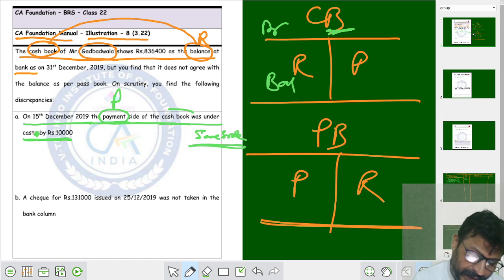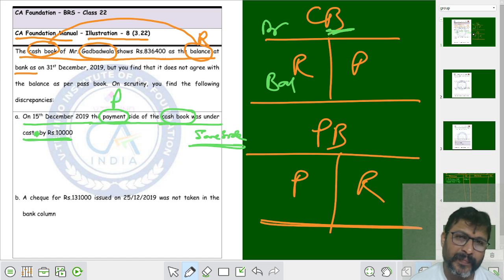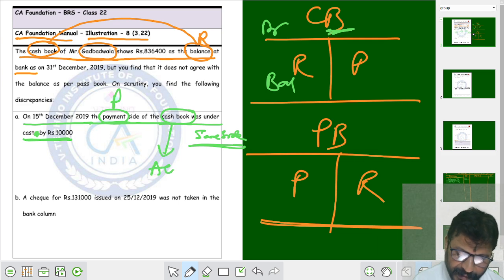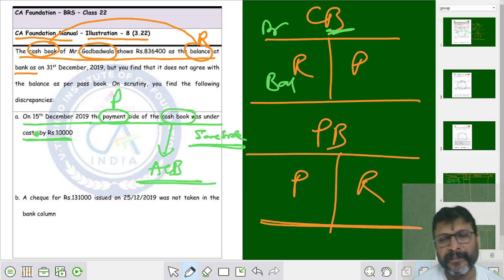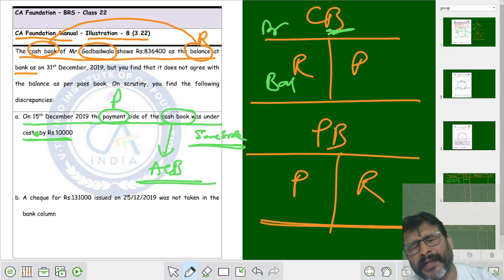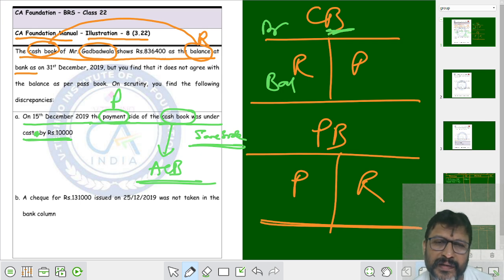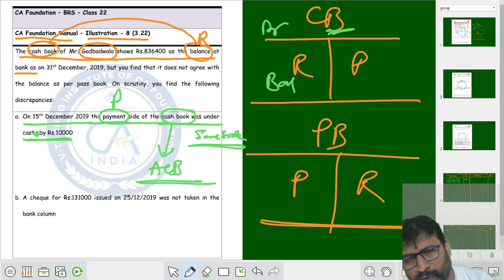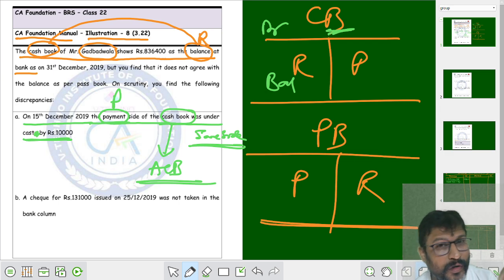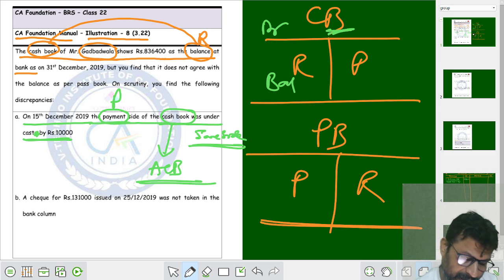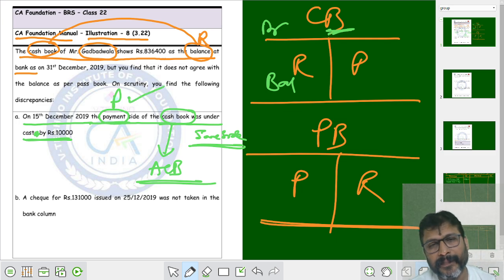Moreover, the payment side of what book? Cash book. When a mistake is committed in the cash book, where does it come? It comes in ACB. When the payment side of the cash book is undercast, we have to record it on the same side. The same side means the payment side only, that is the credit side only.